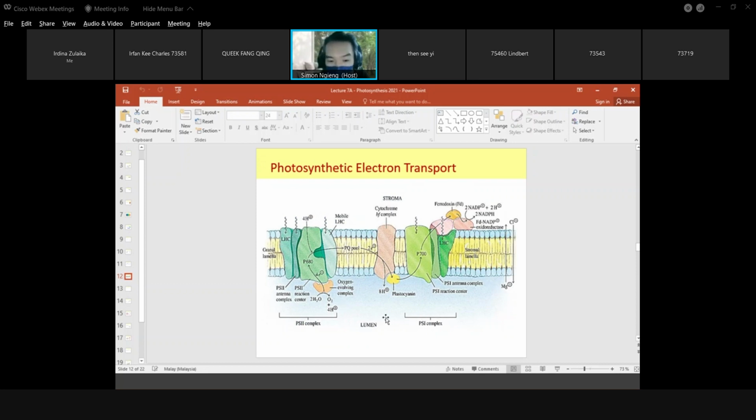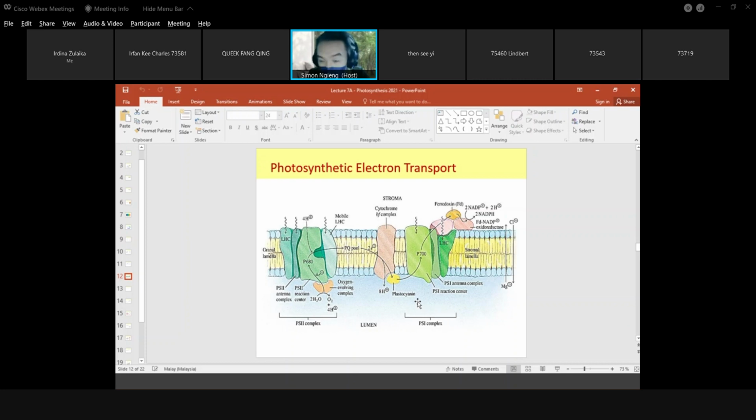Imagine that as light shines on this, more and more electrons are passed on, and at the same time more water molecules are chopped up with the release of oxygen. Oxygen is released, electrons are passed on. By the time it reaches the cytochrome b6f complex, the transfer causes your hydrogen to accumulate inside your lumen.